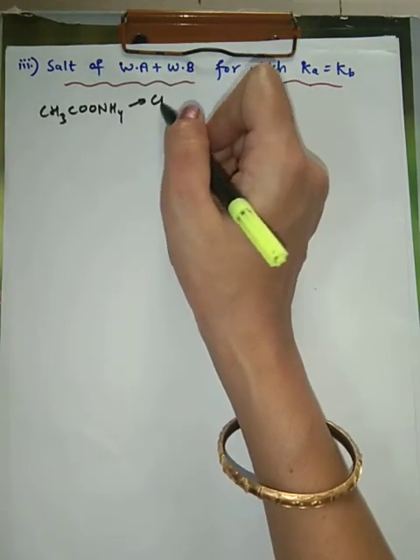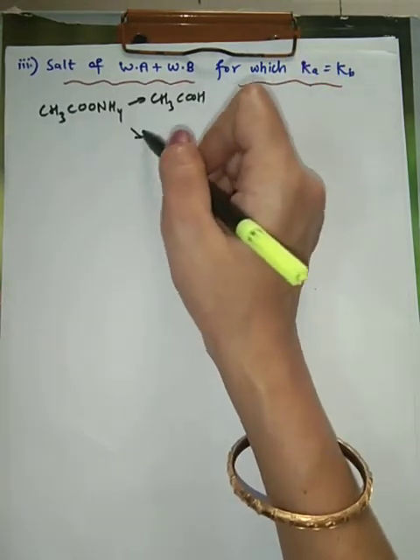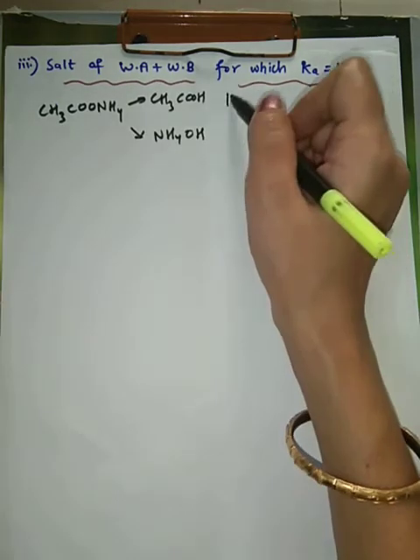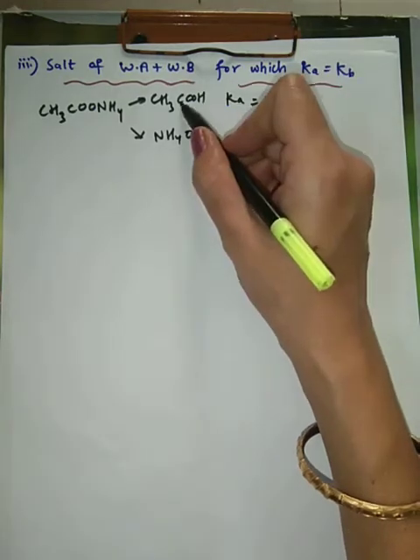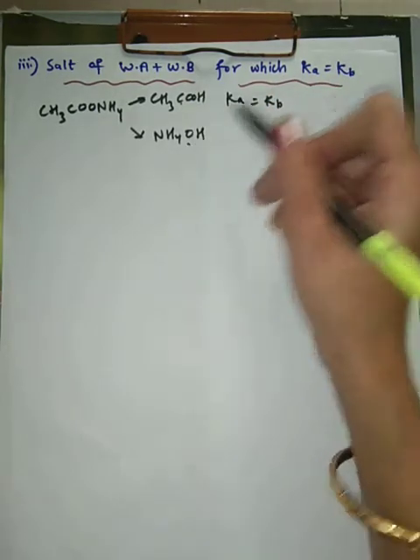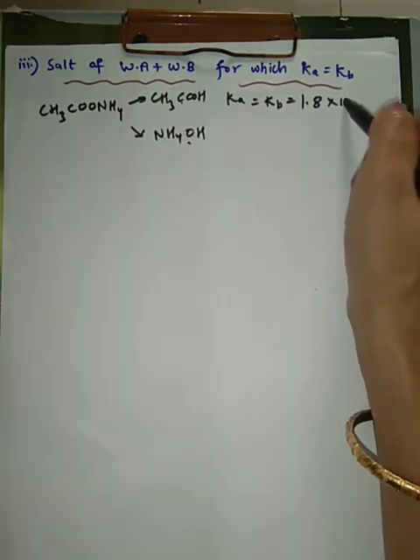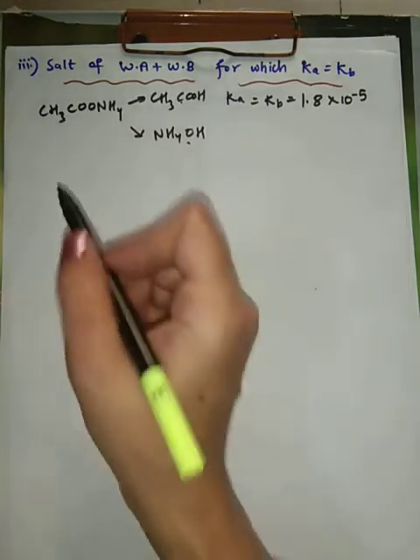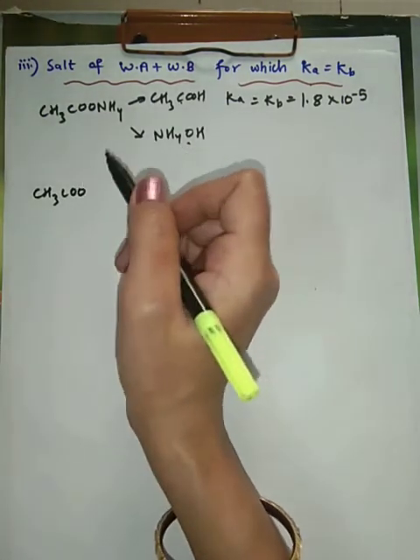This is made up of acetic acid, and the weak base in this is ammonium hydroxide. Ka value is equal to Kb value. The Ka value is of the acid and the Kb value is of this base, and both have the same value, 1.8 into 10 raised to minus 5. Now as usual, when this salt is dissolved in water, how will it react?